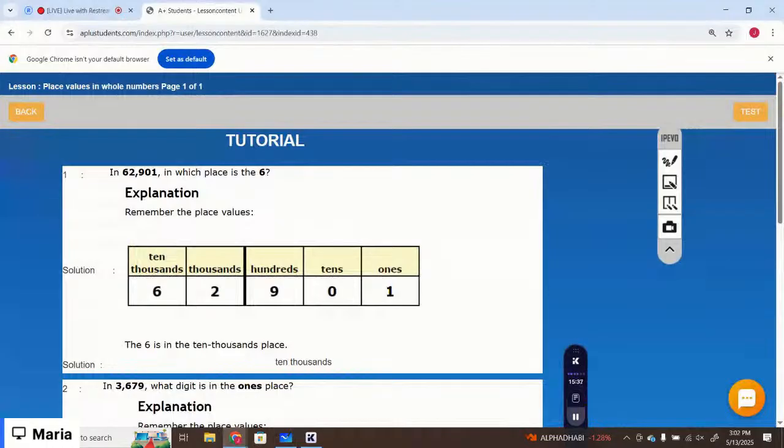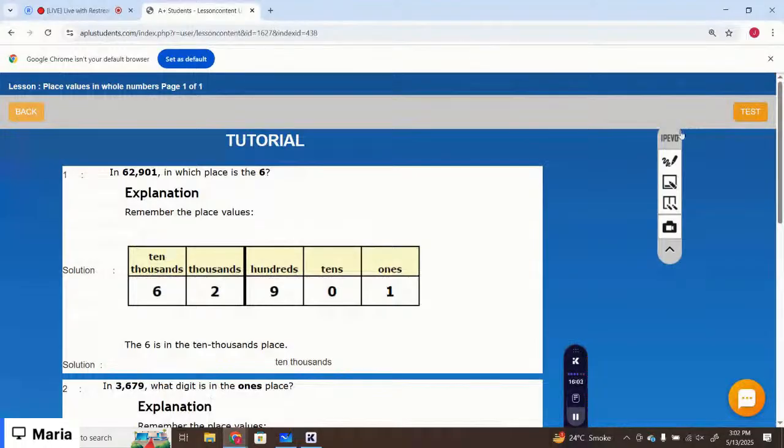In which place is the 6? So you need to find out the place value of 6. Just make a place value chart: ones, tens, hundreds, thousands, and 10,000s. So 6 is in the 10,000s place. The correct option is 10,000. Option number 1 is the correct option.